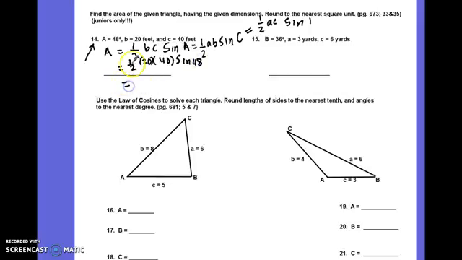I'm going to work this out, and I want to see if you agree with me on what I got.